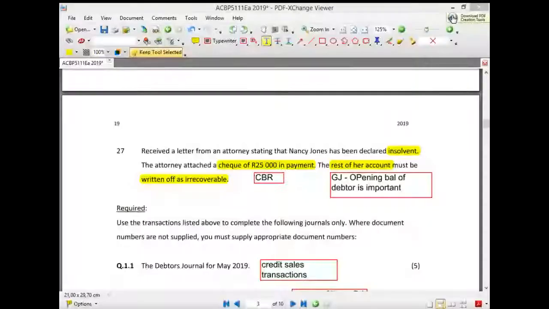In this calculation, then deduct anything that was returned during the month, which was the 7,500. And then the last step is to account for any portion that they've paid, which is the 25. And then the remaining balance, in this case, 59,990, is then written off to your credit losses account.